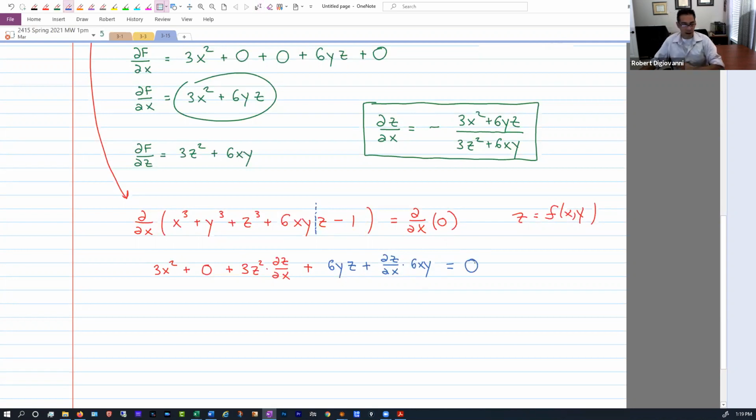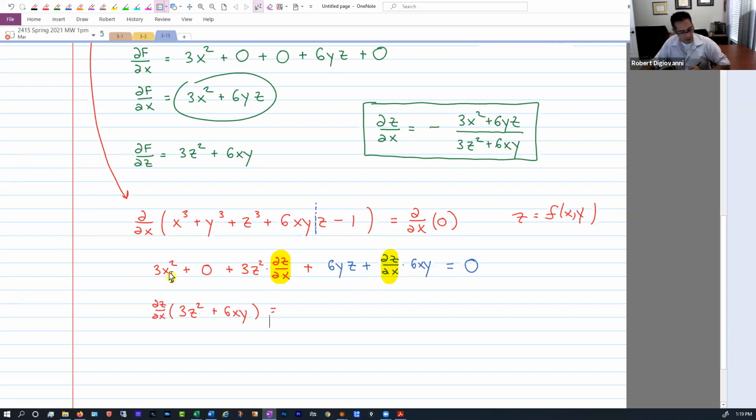So here it is. Now, if we go through the mechanics, we could isolate this. We could take these terms to the other side, and then we could divide through. Agreed? Should I do it? I think I should do it because it's not going to look the same. Let me see, plus. So I'm doing this term and this term together, but I'm factoring out the partial of z with respect to x.